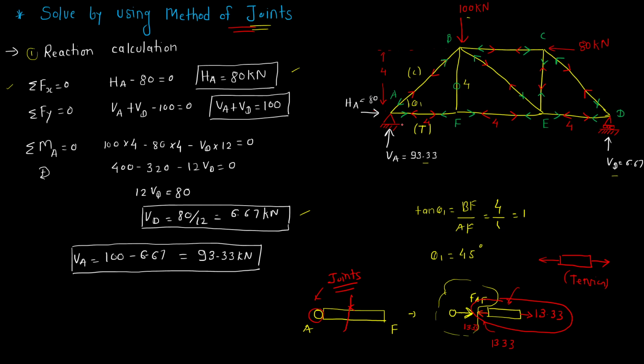Once again I will repeat, the green arrows represent the forces at joints and the red arrows represent the forces in members. The two things are different. What is asked in the question is the nature of forces in members. So for that we will have to use this sign convention.